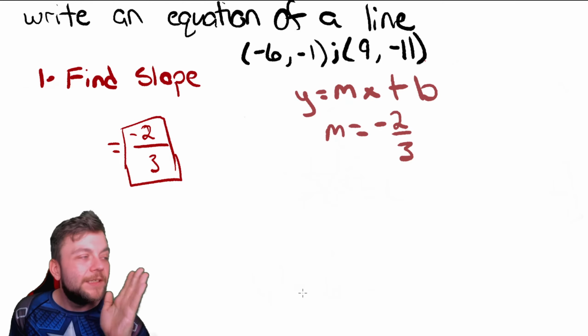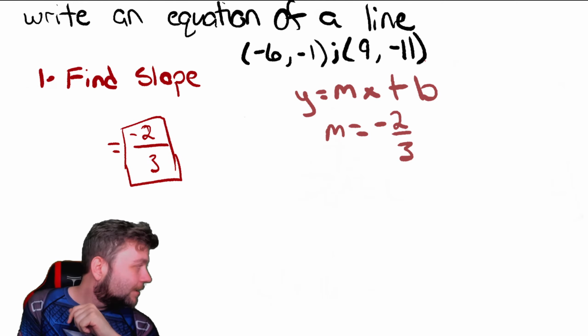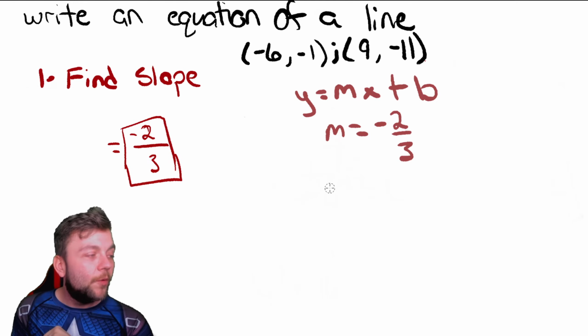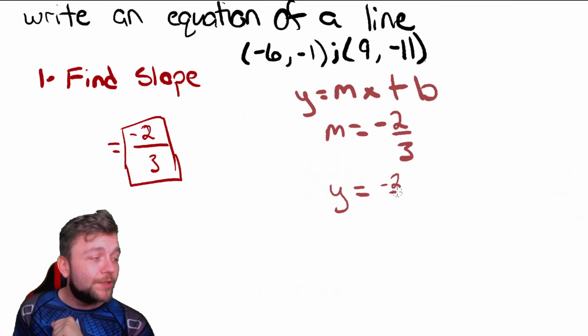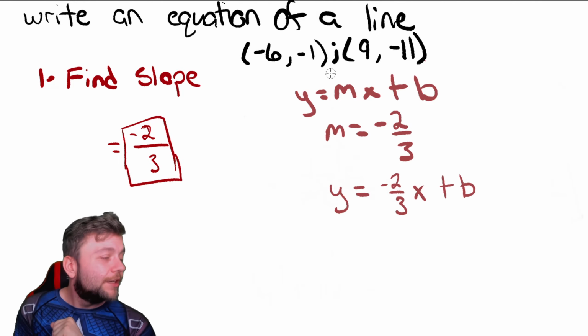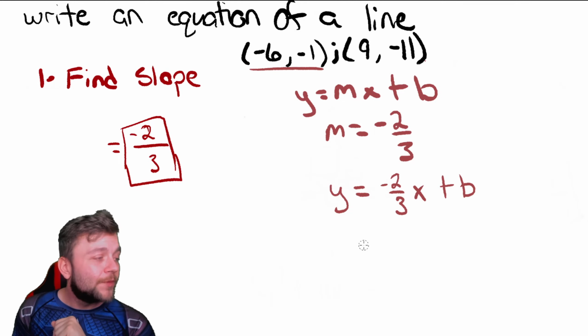Well, it's just the same. So we'll rewrite this as y equals negative 2/3 x plus b, and then we'll plug in this first point right here.